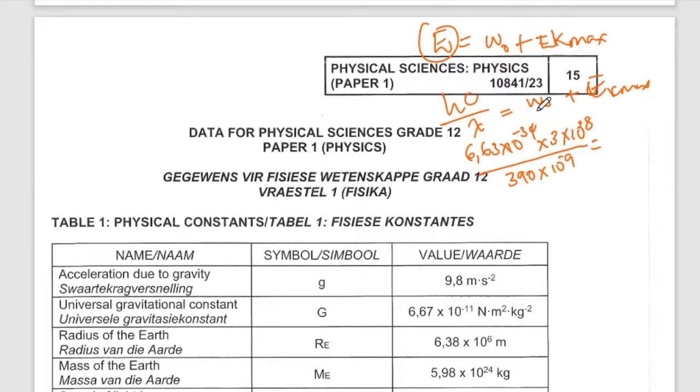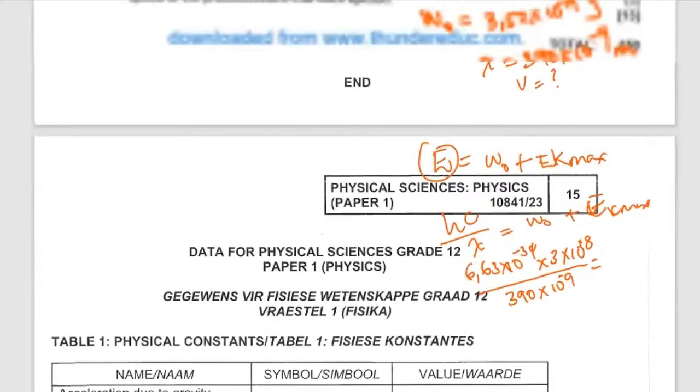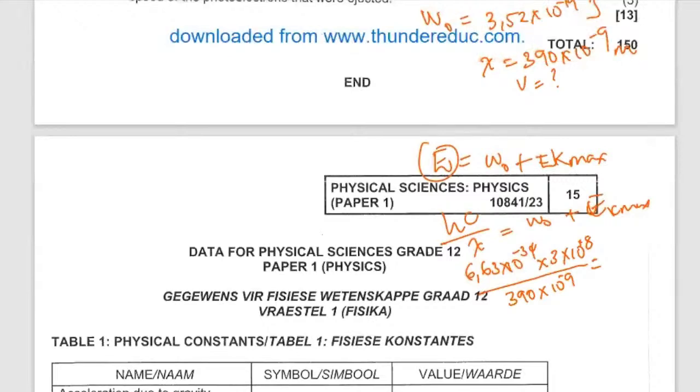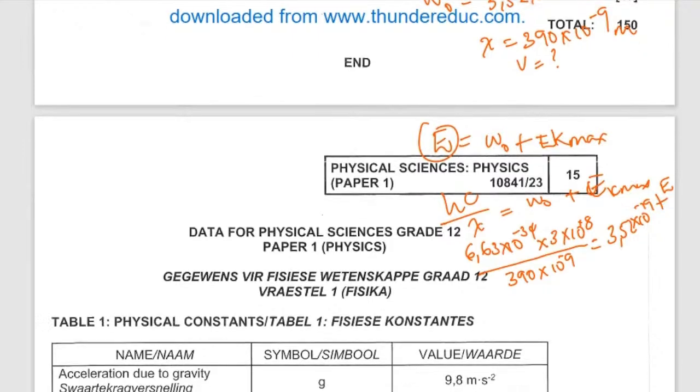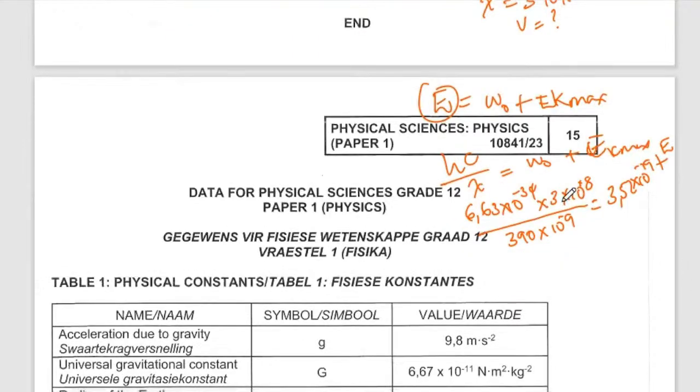This must be equal to the work function that they gave us, which was 3.52 times 10 to the negative 19, plus my EK max, which I don't know right now, but I'll sort it out. Let me first figure out the rest.